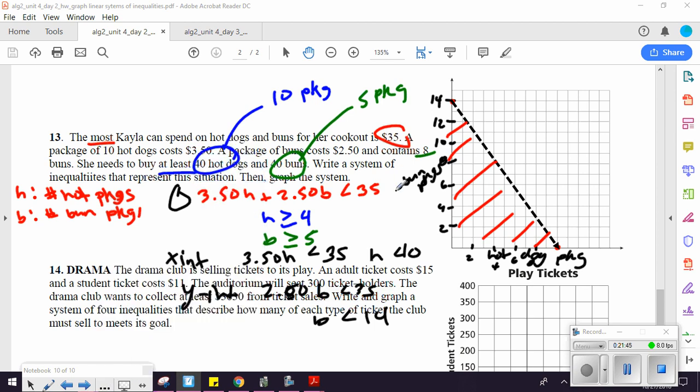All right, H is greater than or equal to 4. Since H represents our x-axis, that's a vertical line at 4, and it's solid. Again, I can use 0 to replace H with. 0 greater than 4, that's false. So that means I would shade everything to the right of this line.